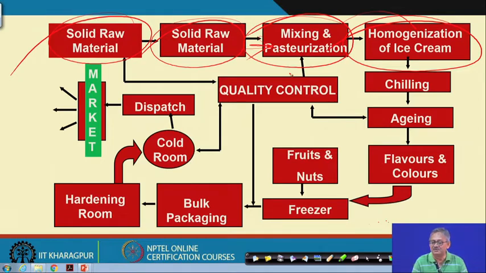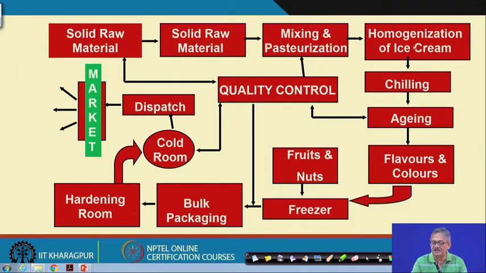Whatever is going here is called the ice cream mix. So, this ice cream mix is homogenized, and then from homogenization it goes to chilling.